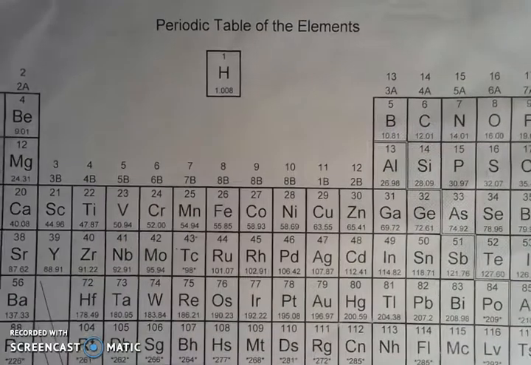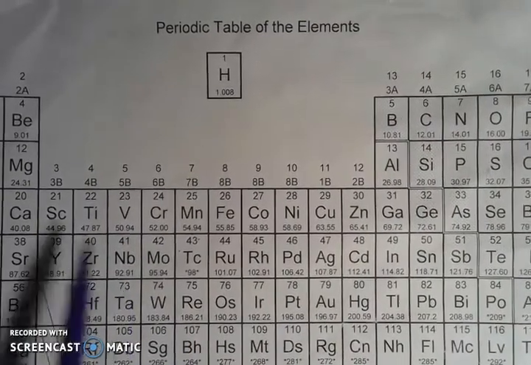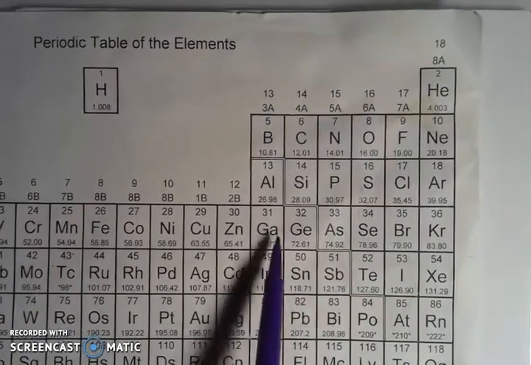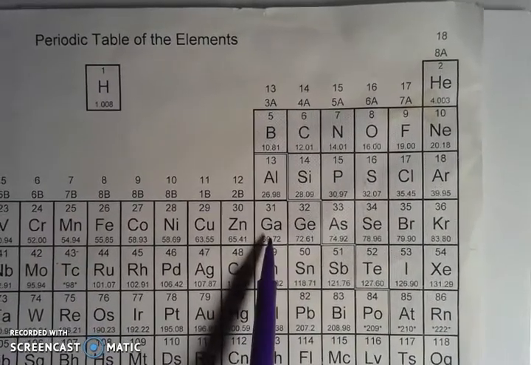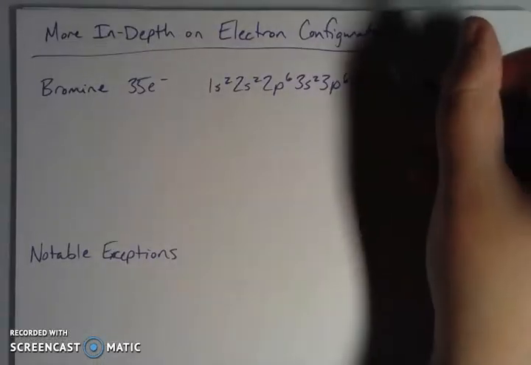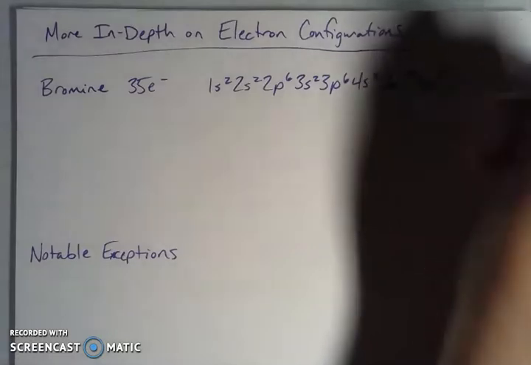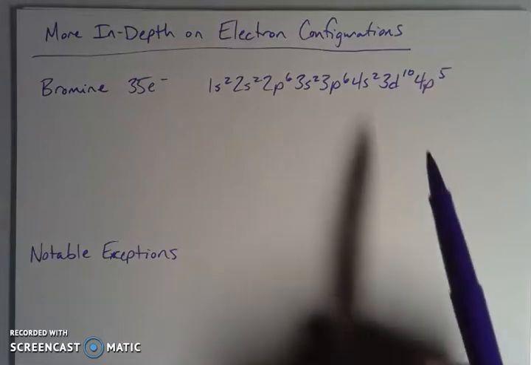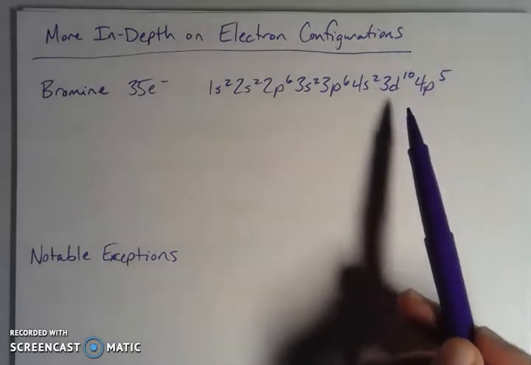And remember that the d block starts with 3 because technically the electrons are in the third shell. And then we're going to count over in our p block from gallium. So 1, 2, 3, 4, 5. 4p5.